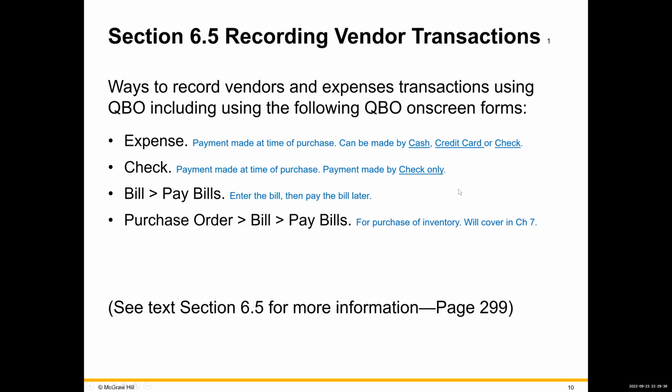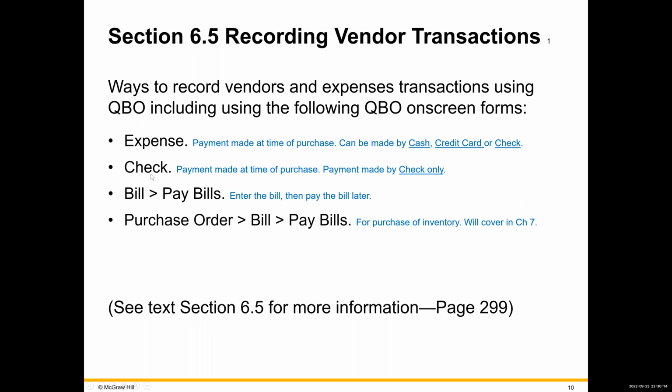Now we're going to be focusing in on these particular forms, these first three: expense form, the check form, and then this sequence of entering a bill and paying bills. Okay, in the expense form, this is for transactions where payments are made at the time of purchase, and you can pay for that purchase by using cash, credit card, or check.